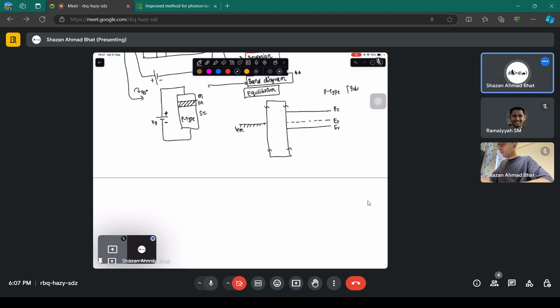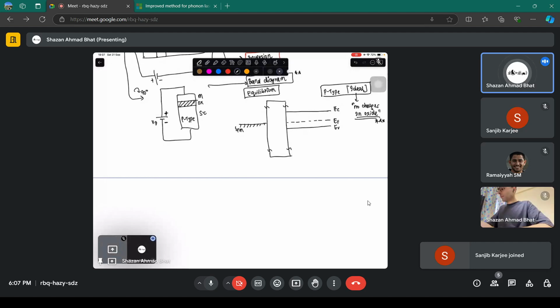This is the ideal scenario. What does the ideal scenario mean? That there are no charges in the oxide or whatsoever. The oxide is free of charges. This is the assumption we are taking, which is why it's an ideal scenario. Now, just like the p-n junction, the Fermi level wants to be aligned, and you have a flat system, flat Fermi levels.